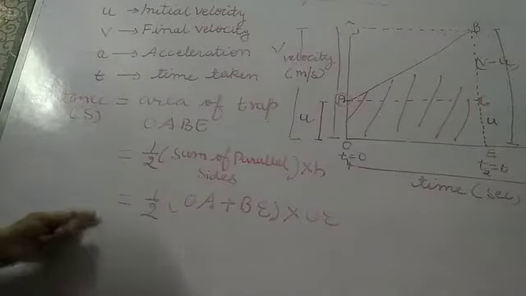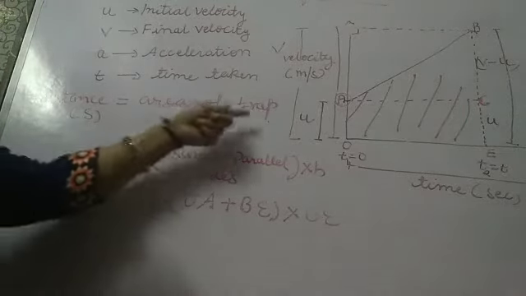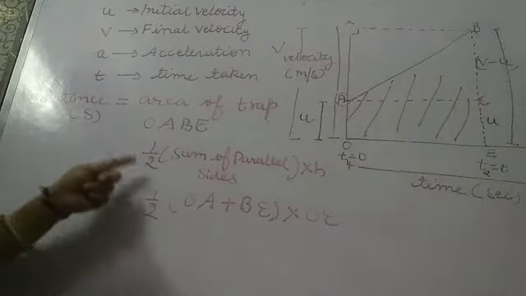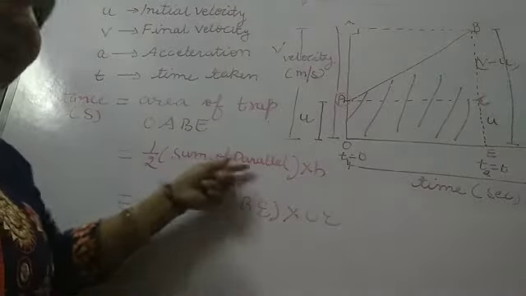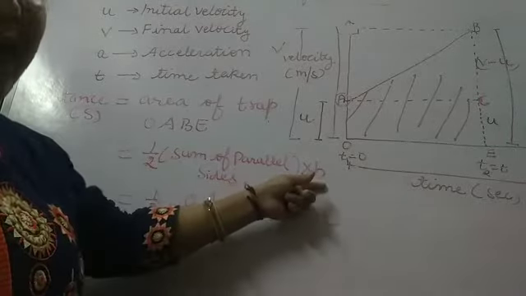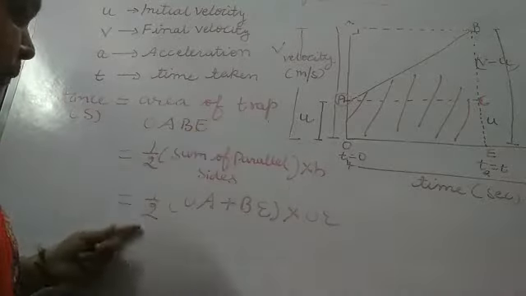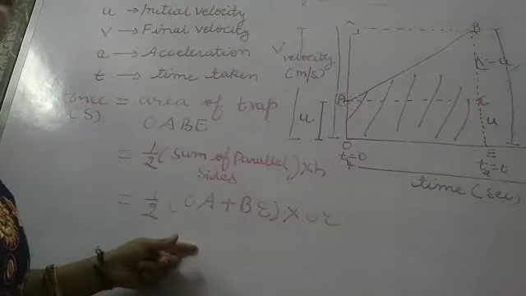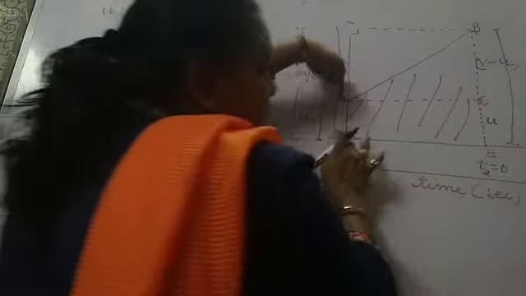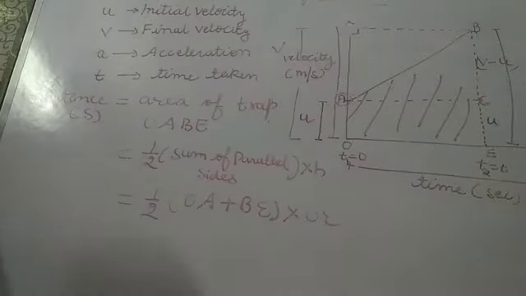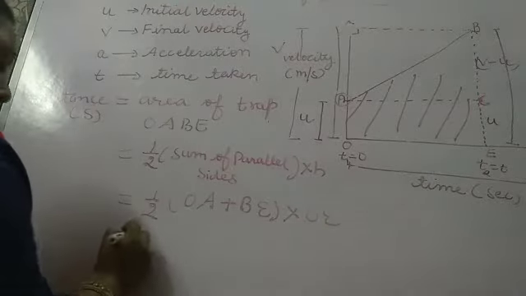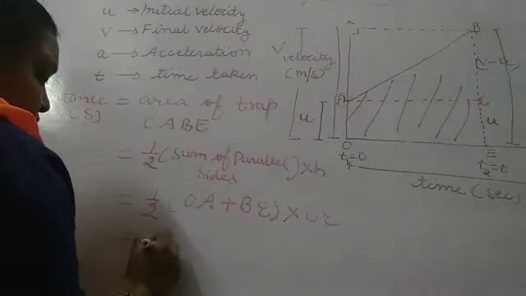Again I am telling, the area of trapezium is equal to half the sum of parallel sides multiplied by height. So in this trapezium, OA and BE are the parallel sides, and this OE is the height.